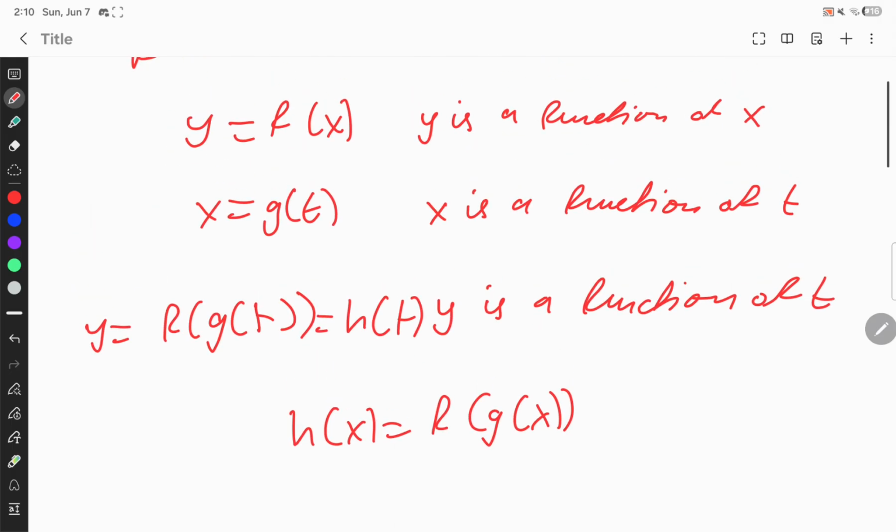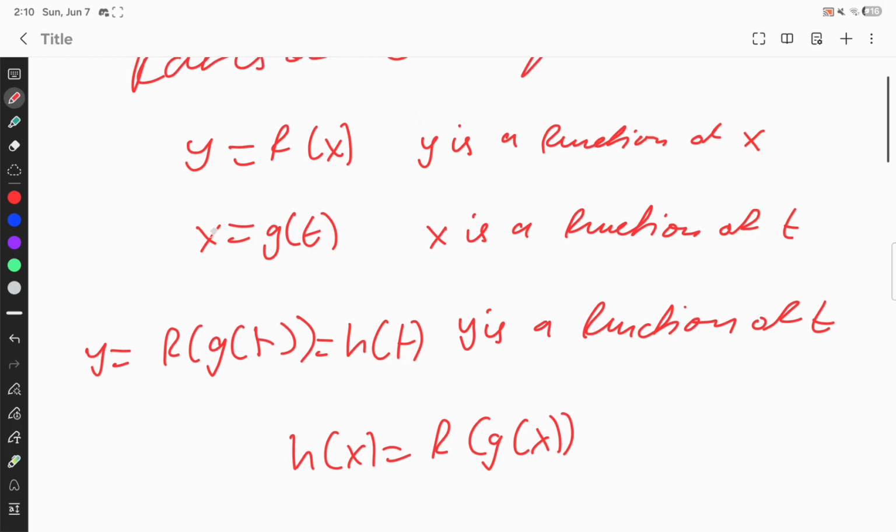Now, if we want to find something that tells us y is a function of t, what do we do? Since x is a variable, we literally plug in x here, and you get y being a composite function, which you can combine to get a new function h of t, where y is a function of t.